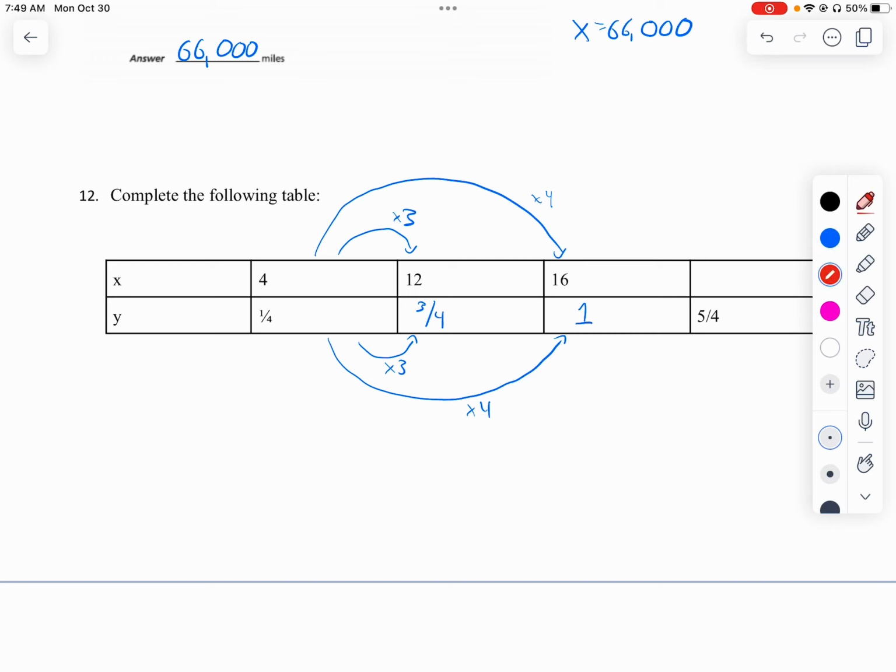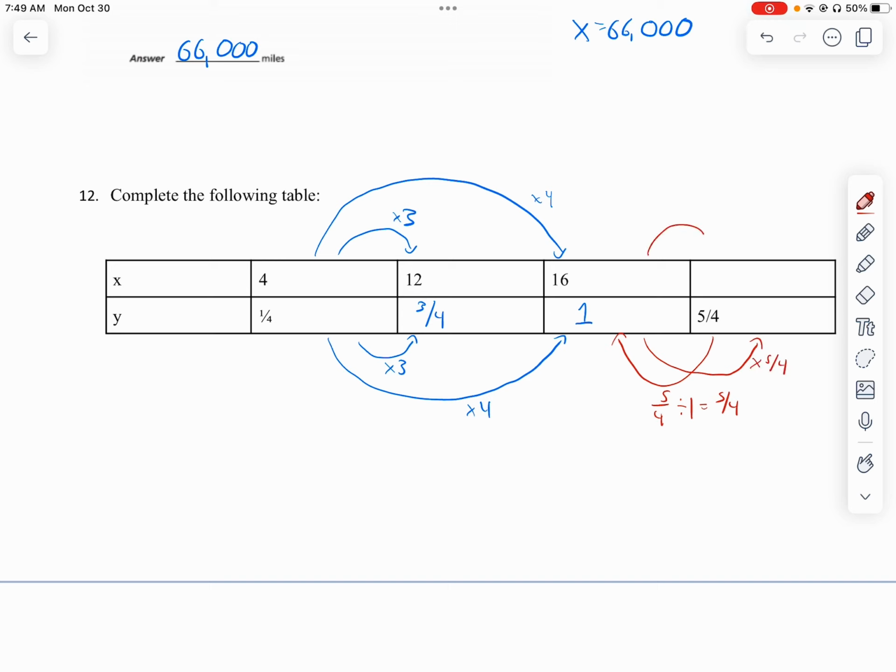And now to determine for 5/4, if I was unsure what to do, I could go with this one. And I can divide. 5/4 divided by 1 is 5/4. So that means to go this way, I'm multiplying by 5/4. So I could do 16 times 5/4. And 16 times 5/4 is 20.